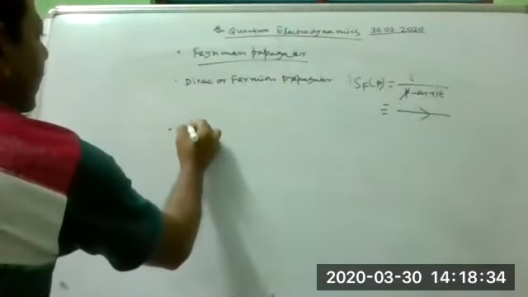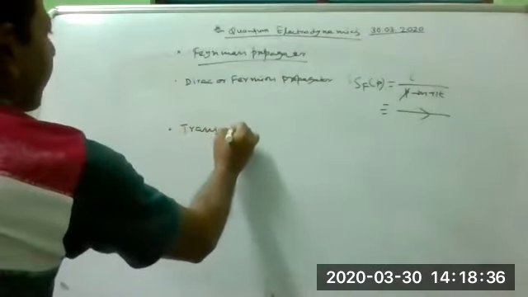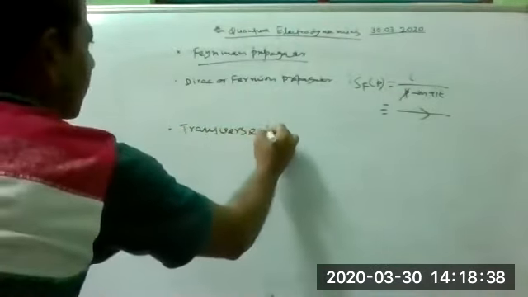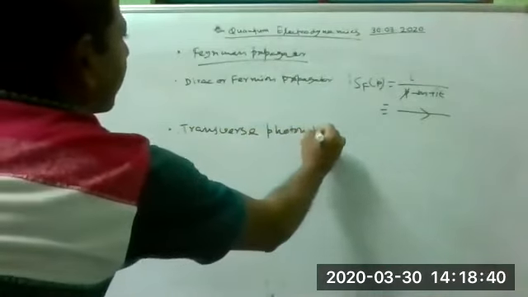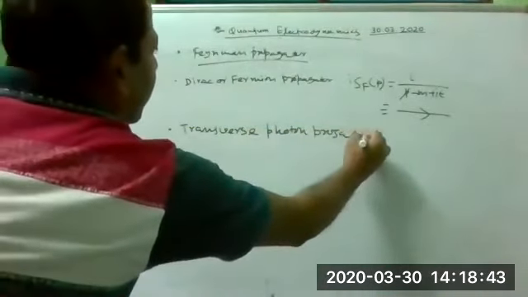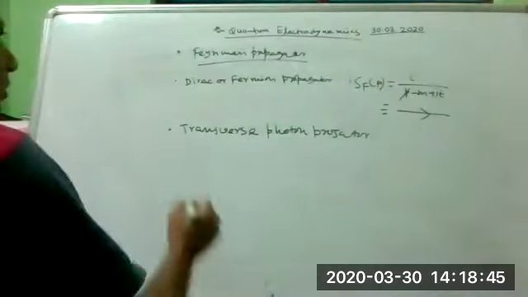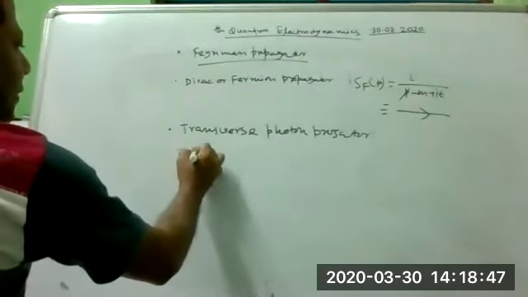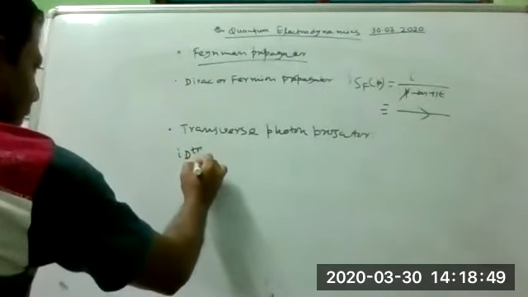Next, the transverse photon propagator. This portion also we already derived, i D transverse mu nu.